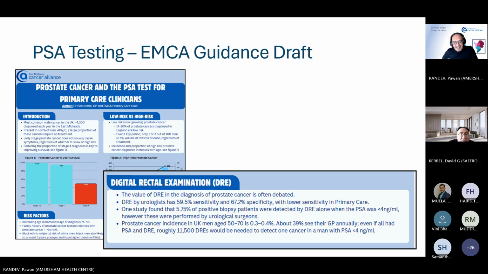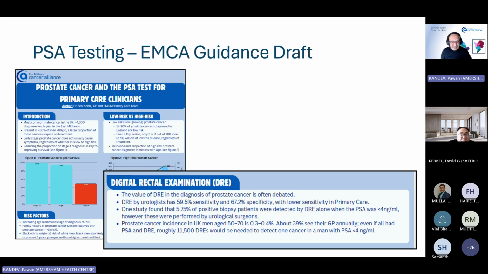Suffice it to say that this is an often debated issue, both within primary care and by urologists. What we know is that if a consultant urologist does it, there's a 60% sensitivity and a 67% specificity. So actually, it's not brilliant. And in primary care, it's much lower.